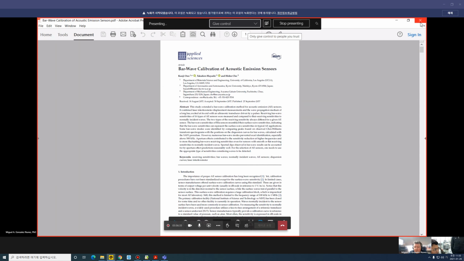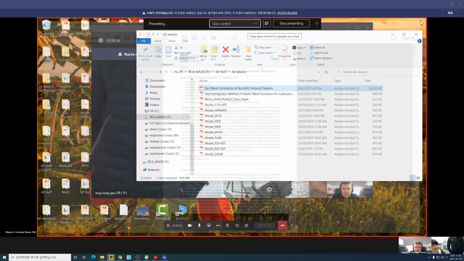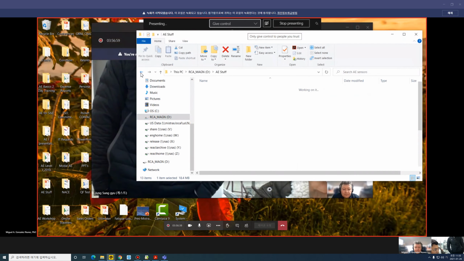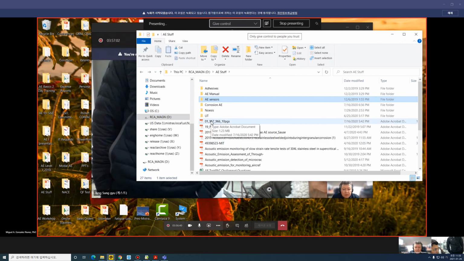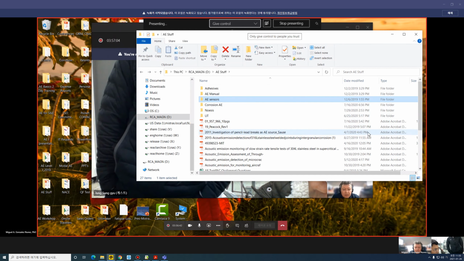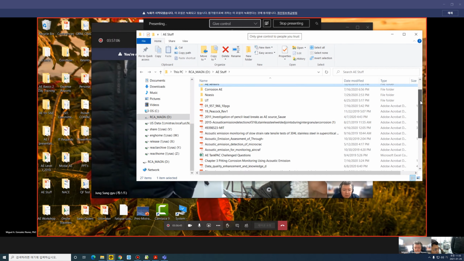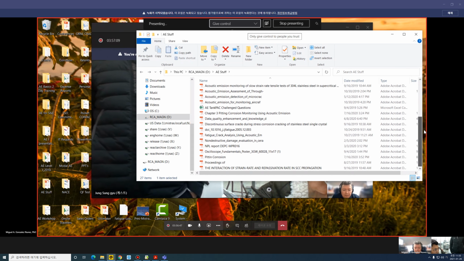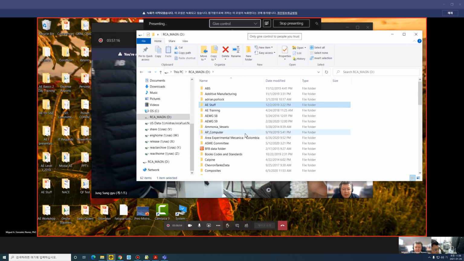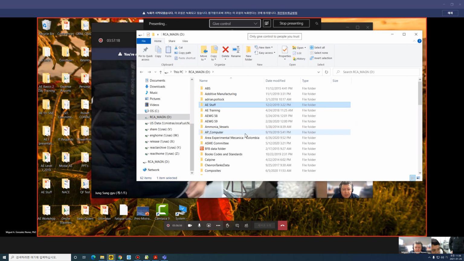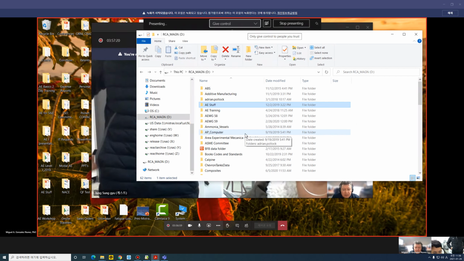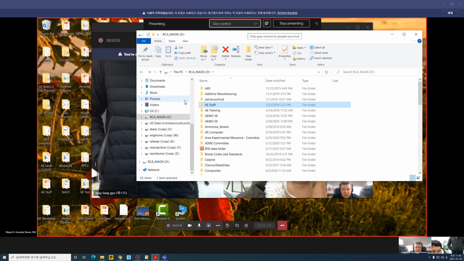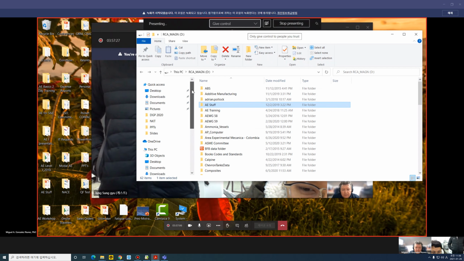This is a paper. And I have several standards that I can show you to check the sensitivity of the sensor. But let me look for it, and I will show you tomorrow. Okay, I see.